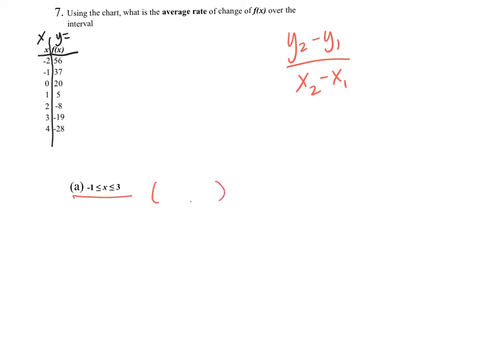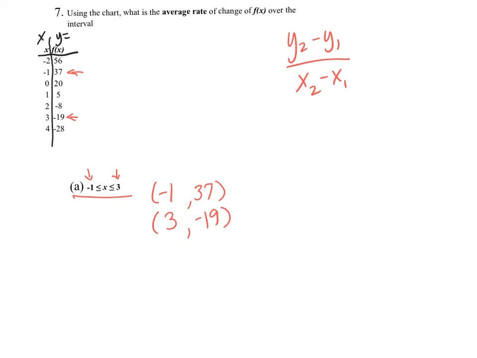It's saying between -1 and 3. So between -1, which is right here, and 3, which is right here. So that gives us x and y points. Let's fill that in. So we have -1 for our x and 37 for our y. And we have 3 for our x and -19 for our y.